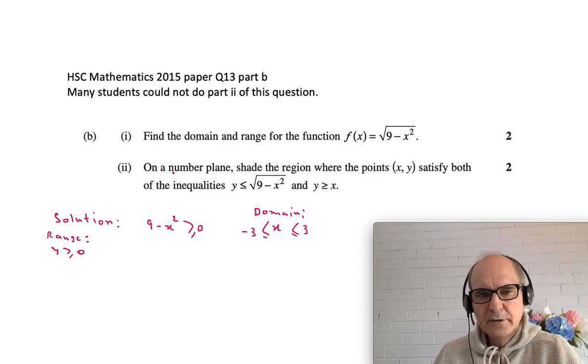As for the second part, where many students got this wrong: on a number plane, shade the region where the points x, y satisfy both of the inequalities y less than or equal to square root of 9 minus x squared and y greater or equal to x.